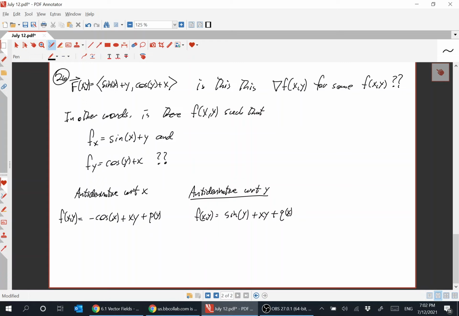It's going to be some function that just has x's in it, or just a number. Okay, is there a function f that matches this? Can I figure out a function with respect to just one variable y that looks like this, where this is some function with respect to x?